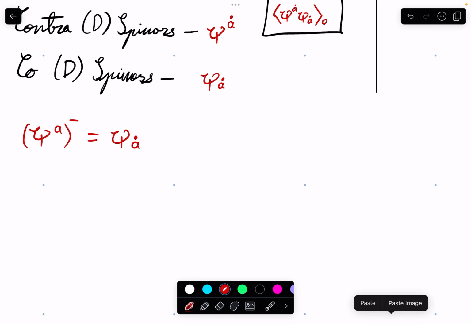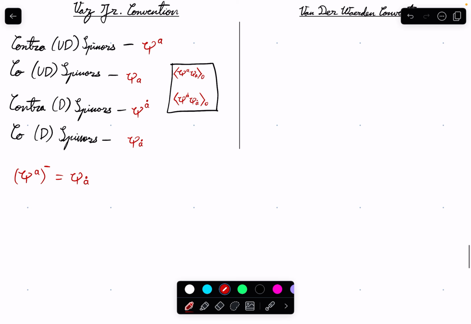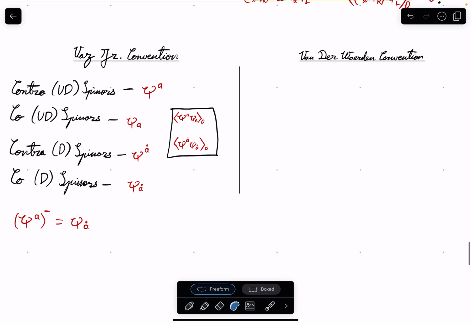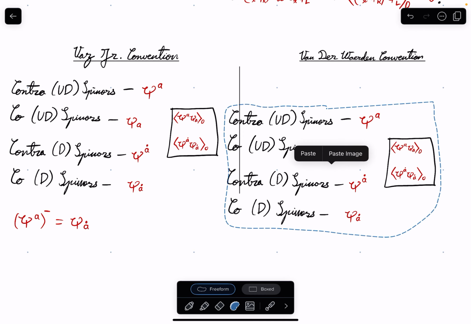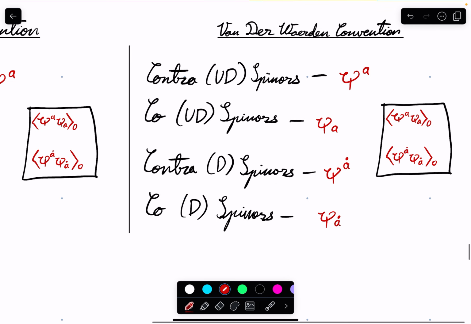So the difference between the two formalisms is that the van der Waerden formalism swaps the definition of contravariant and covariant.